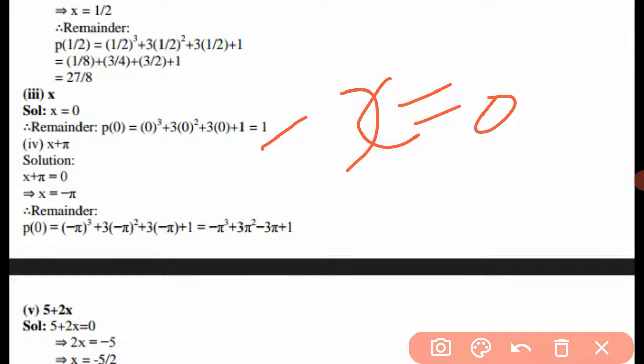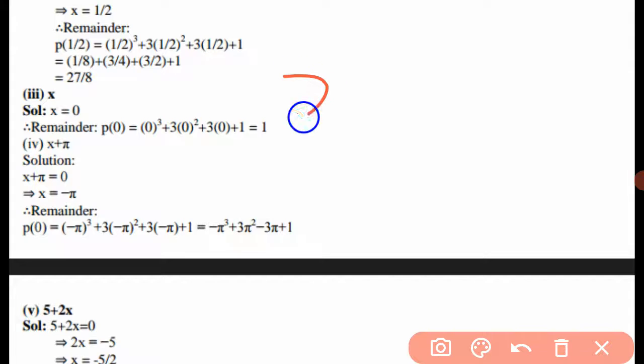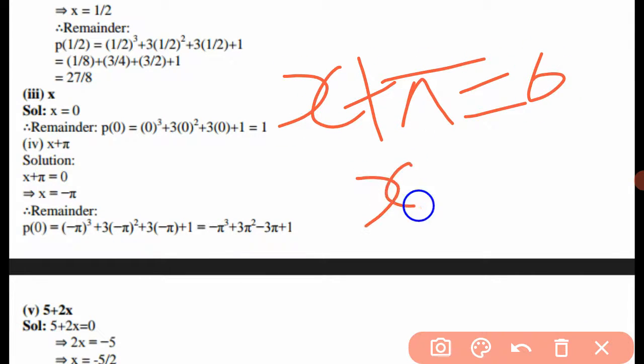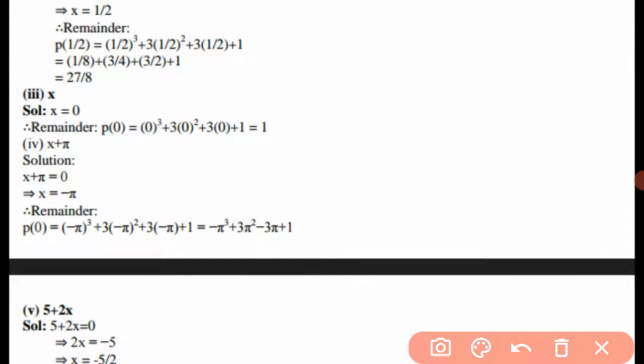Now in the fourth part, we have given x plus pi. So in x plus pi we will put x plus pi equals to 0. So x equals to minus pi, means we will put the value of x as minus pi. So by putting minus pi in the given equation, the answer will be minus pi cube plus 3 pi square minus 3 pi plus 1. Now after this, see its fifth part.